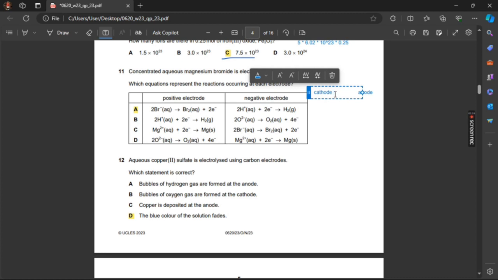Cathode is negative and anode is positive. So to the cathode only positive ions go, so we should remove negative ions from the negative electrode. Okay, let's remove B and C.